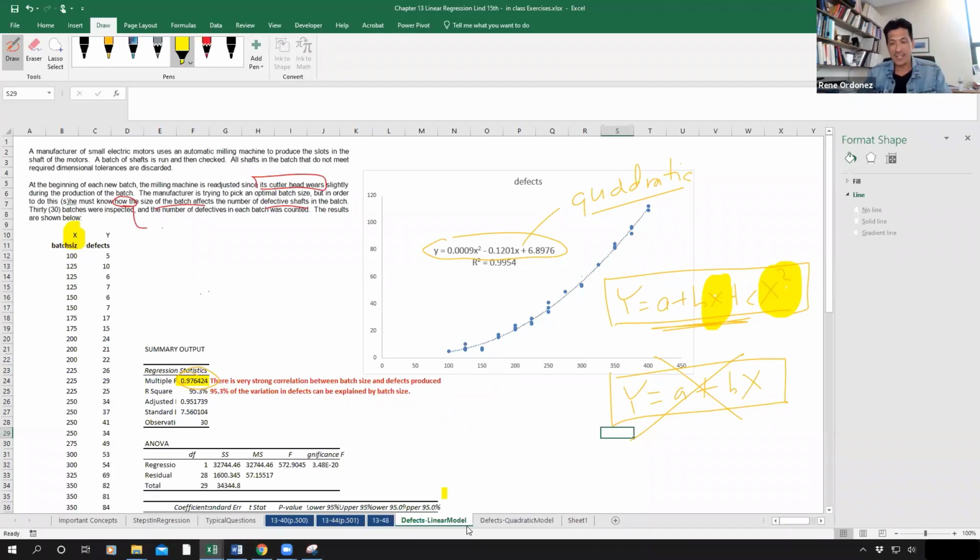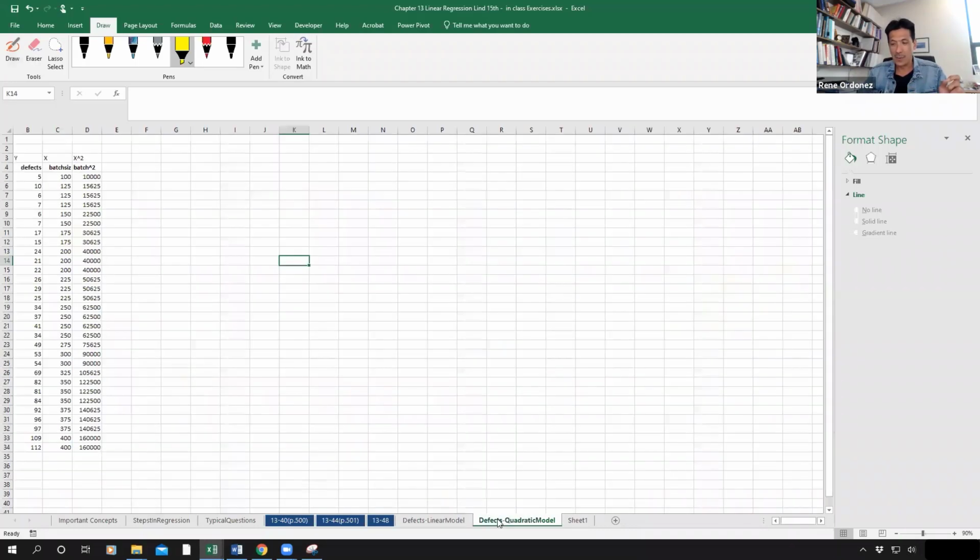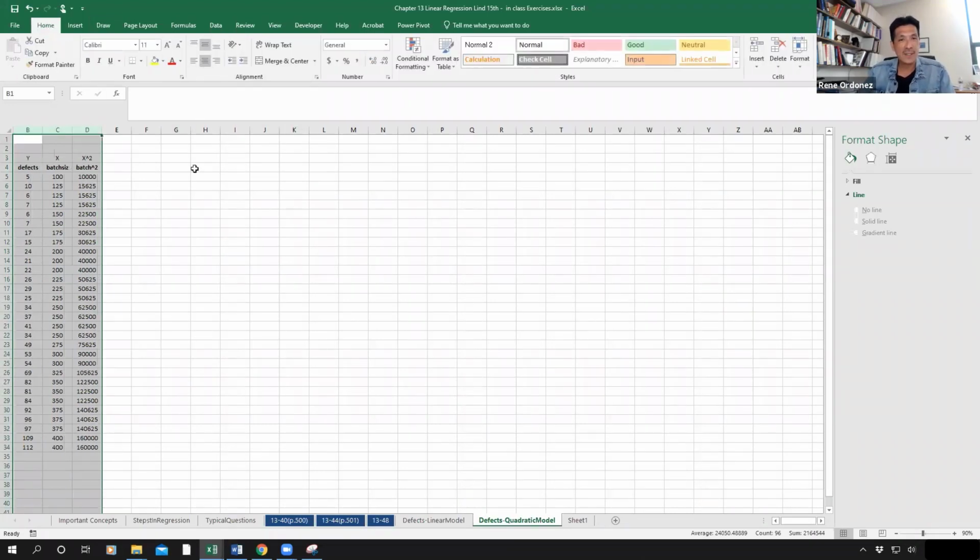Now that's what you see in this next worksheet, where I have already computed this. This was the original data, and this is the x squared values. So this one, 10,000, it's just this squared. That's a formula.